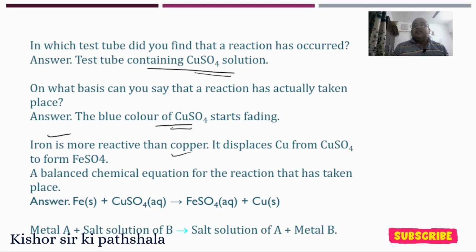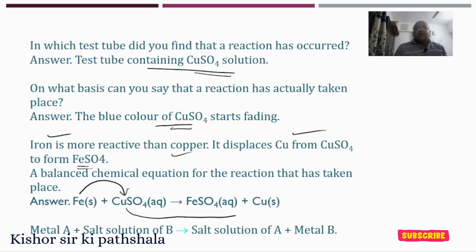That's the reason it displaced copper from copper sulfate to form iron sulfate. Here iron is displacing copper from its salt, and you'll see copper is formed and iron sulfate is formed.